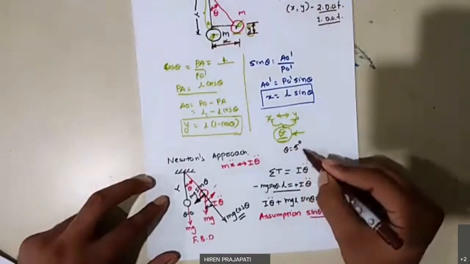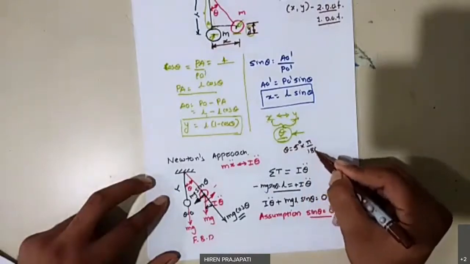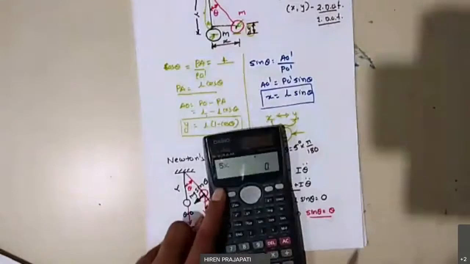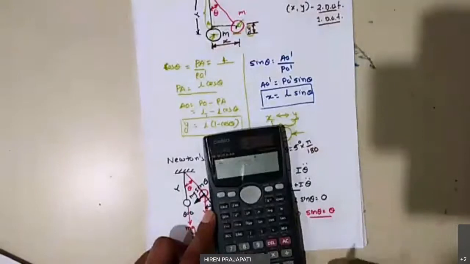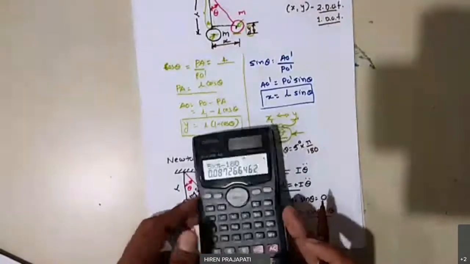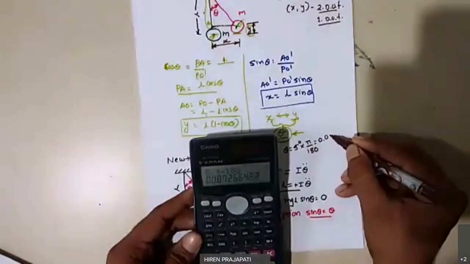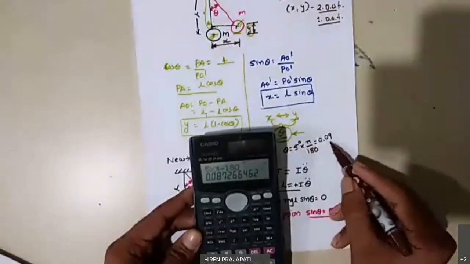If you convert theta into radians, 5 degrees into pi divided by 180, it comes to 0.09.